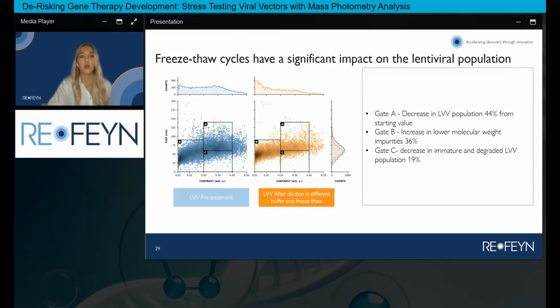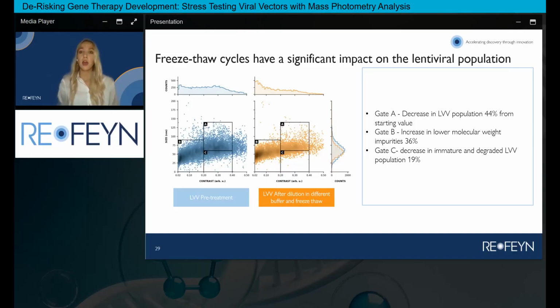And as we already know from many other researchers, there is a significant decrease in the functional titer after only one freeze-thaw, and even going further. And you can see the increase in the lower molecular weight impurities in this case, and that some of these lentiviral vectors were completely degraded, and then they're falling into that gate for low molecular weight impurity.